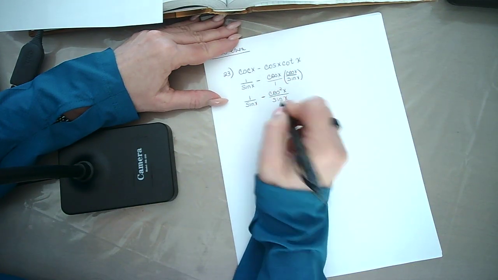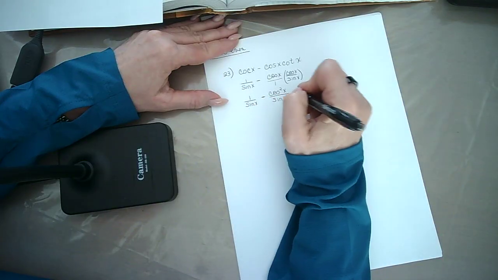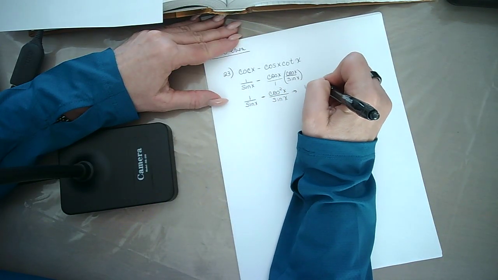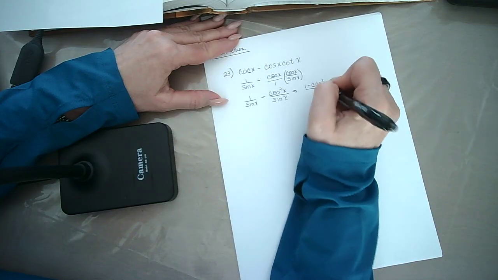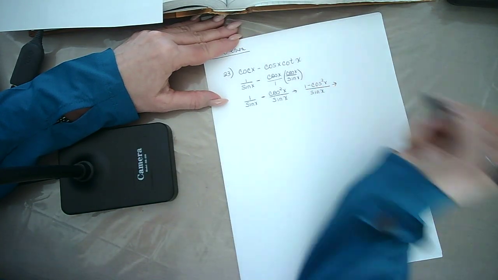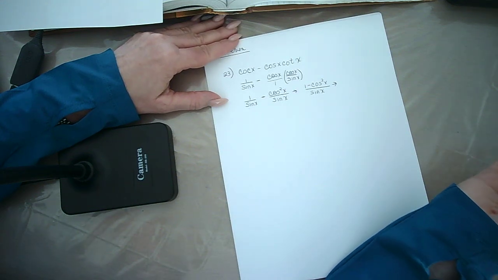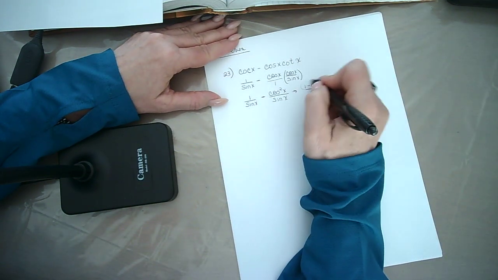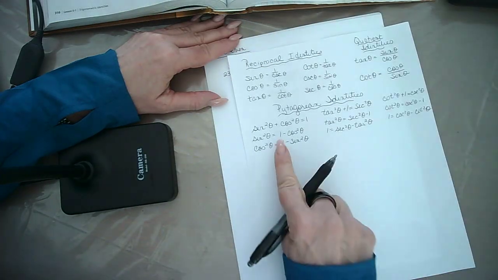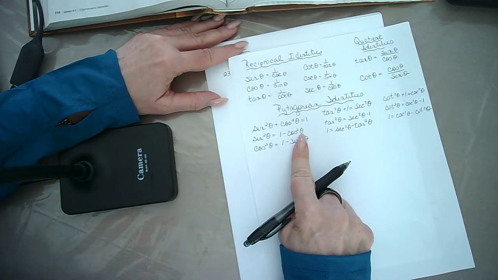Now, when my denominators are the same, I can combine my numerator. So, 1 minus cosine squared x over sine x. Okay, guys, this has got to start coming to you naturally, and I know it's not going to because you just learned it, but see something like this? Bells should be going off in your head. Ding, ding, ding, because 1 minus cosine squared x is really sine squared x.